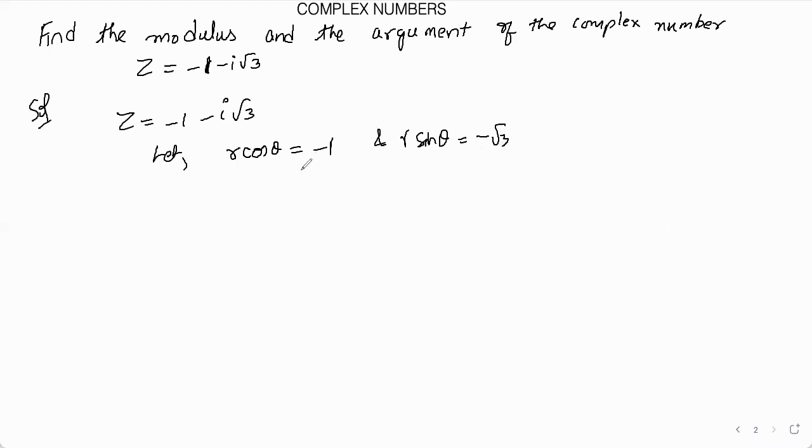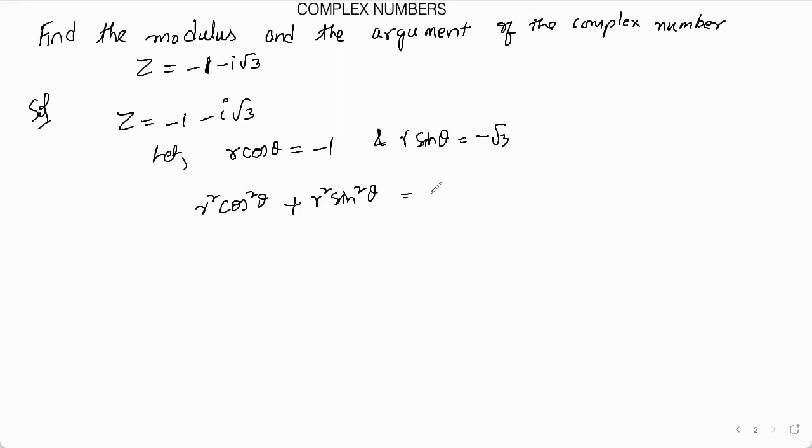Now let us square and add these two. So you will get on the left hand side r square cos square theta, and adding this also, r square sin square theta, squaring and adding.